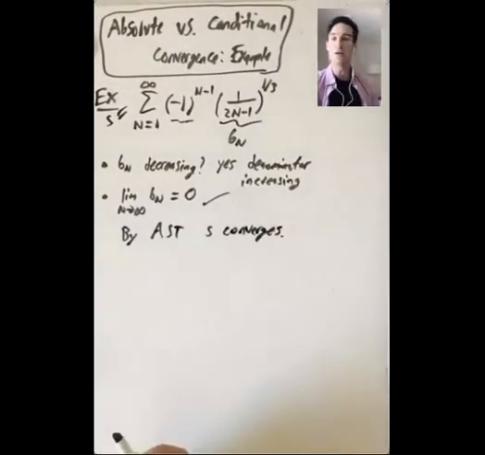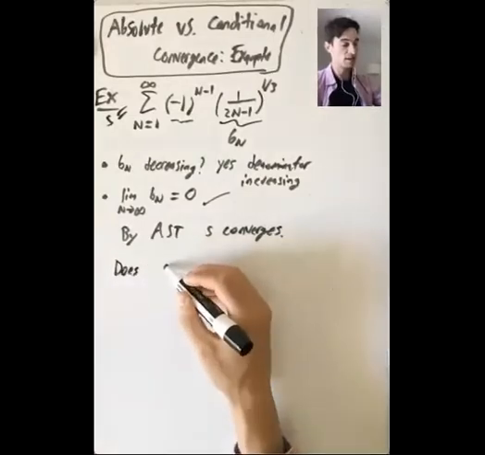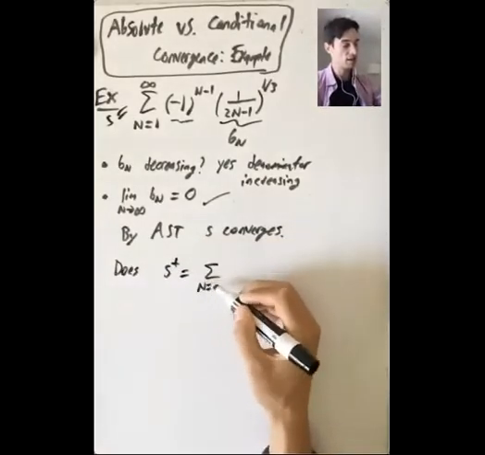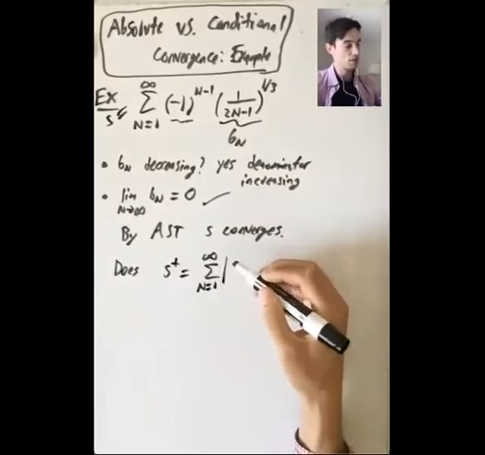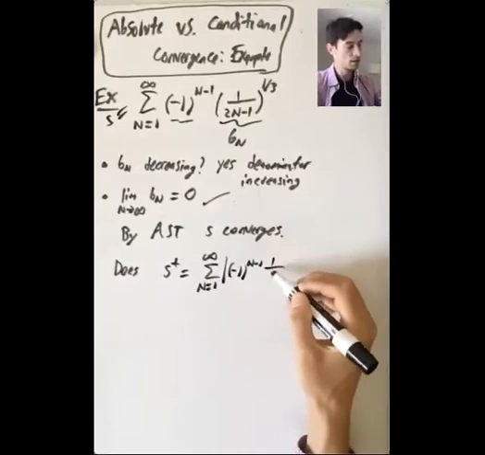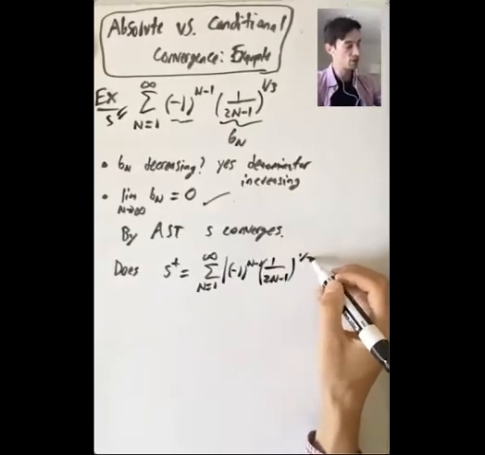Now we know S converges, so we want to know if it is absolutely convergent or conditionally convergent. This is the same question as asking, does S plus, the sum from n equals 1 to infinity where we put in the absolute value signs, converge?